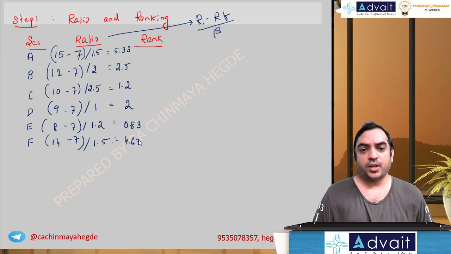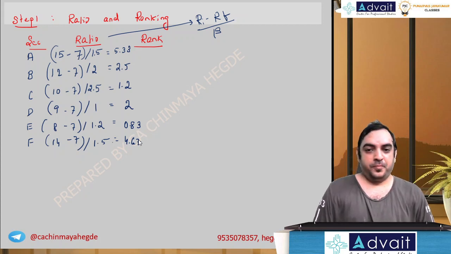See, these are the ratios you got. 5.33, 2.5, 1.2, 0.83, 4.67, 1.22, 4.83, 4.67. Okay, very good.